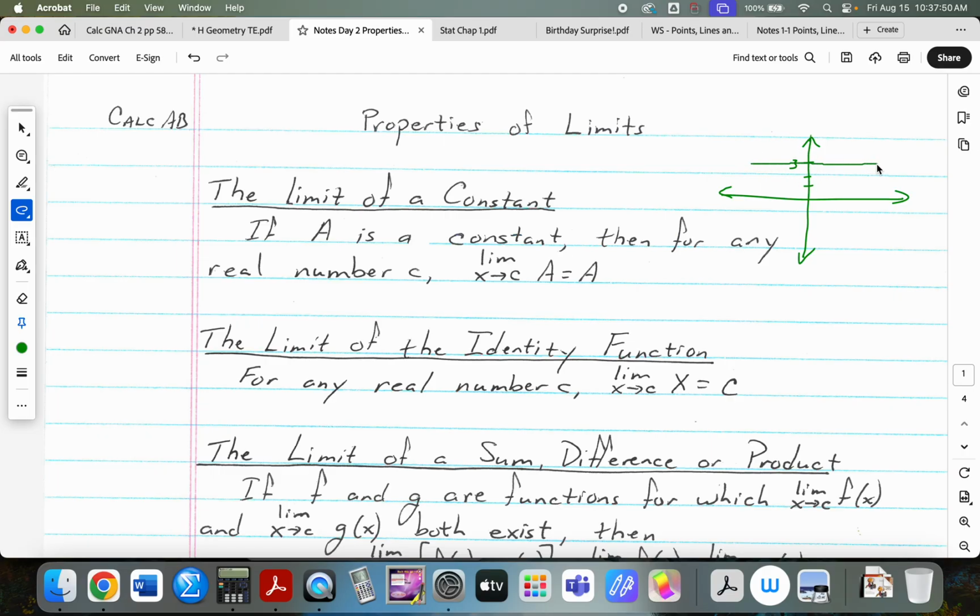Y equals 3 looks like this, right? Does it matter what x value you're going towards? No. Any x value you go towards, the function will go towards 3.